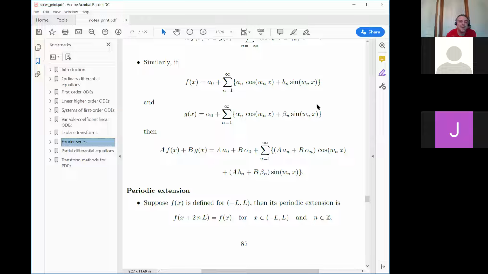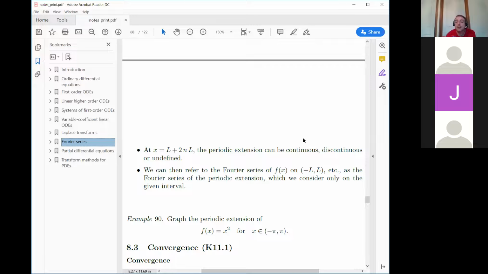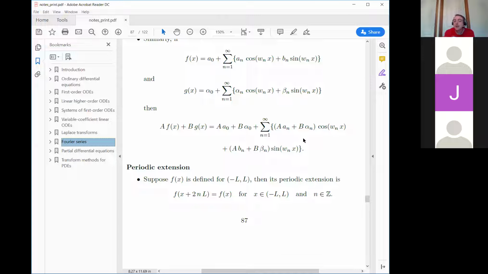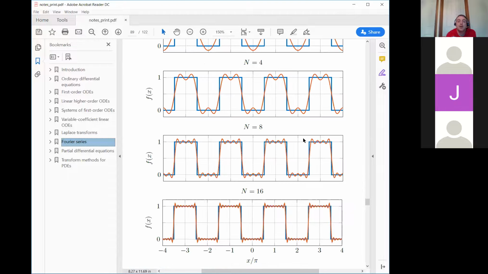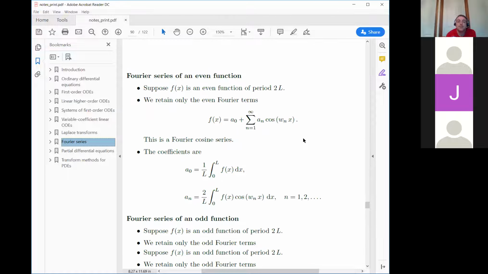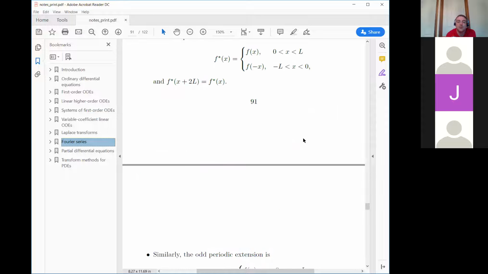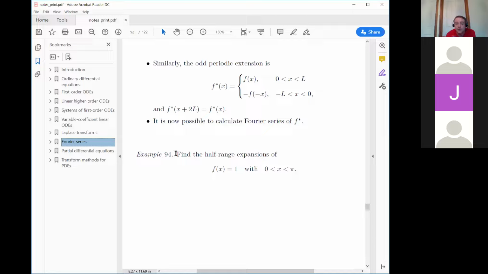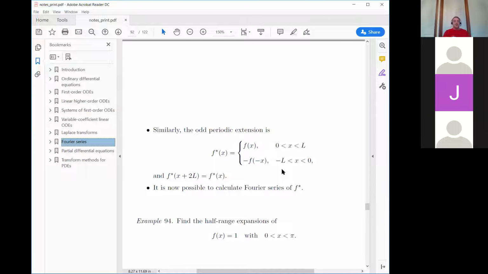I can't remember off the top of my head. That's all right. The notes will have labeled examples where the lecturer will solve that example. So they're not actually in the notes. Right. So there's a thing that says there's an example and there's just no actual example. Like this here, example 94, find the half-range expansion of, and then there's just nothing there because that's something the lecturer would have done in the lecture. Yeah, exactly. Okay, cool.